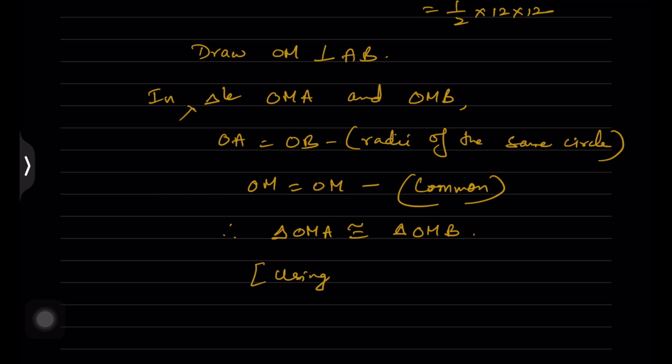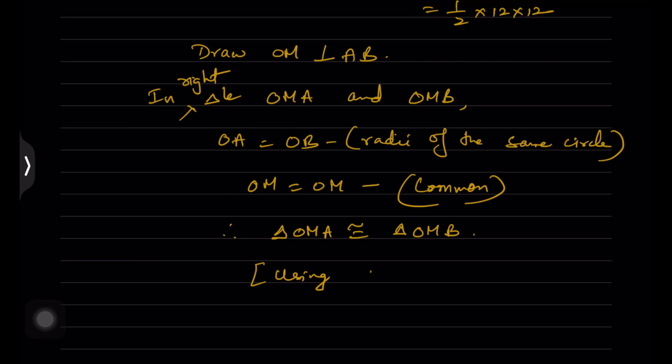we are taking two right triangles OMA and OMB. Both of them are right triangles because we drew OM perpendicular to AB.